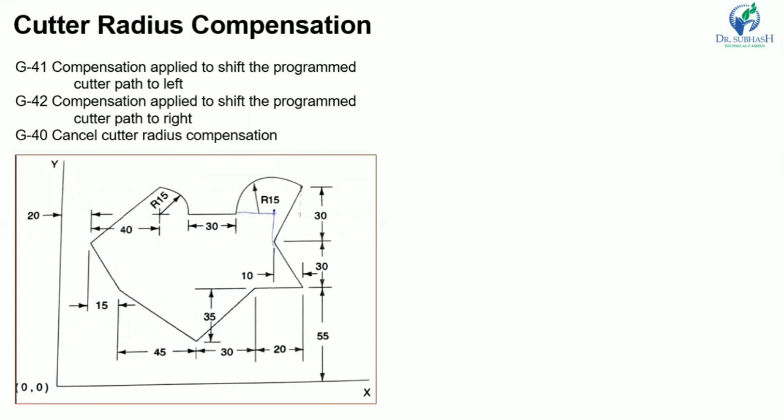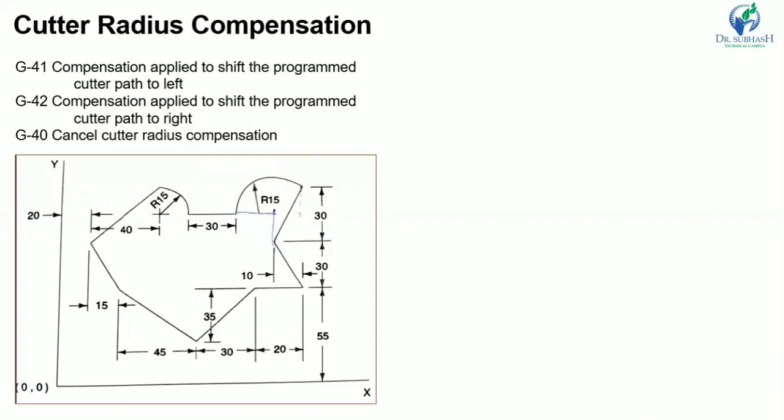The facility of cutter radius compensation is very useful, as cutters of different diameters can be used without changing the part program. By using cutter radius compensation, the job of the programmer is also simplified, and the part program can be developed assuming the cutter radius as 0, that is, on the actual drawing dimensions of the component.